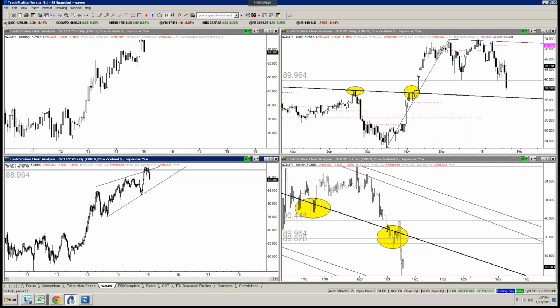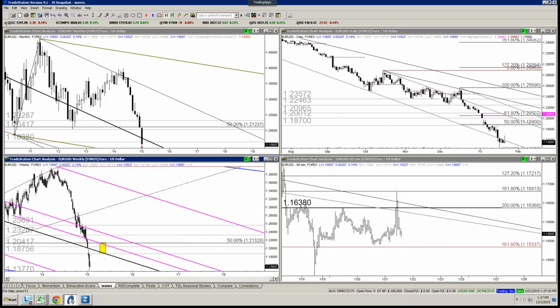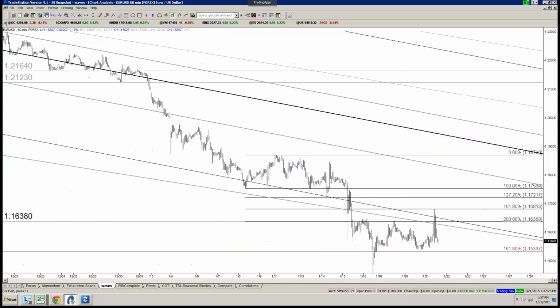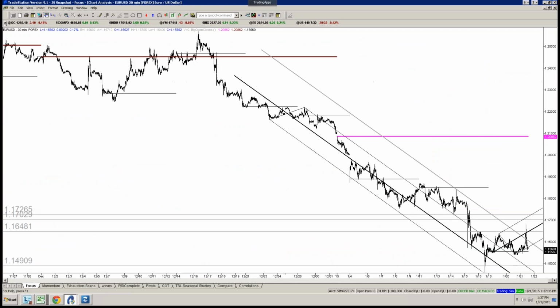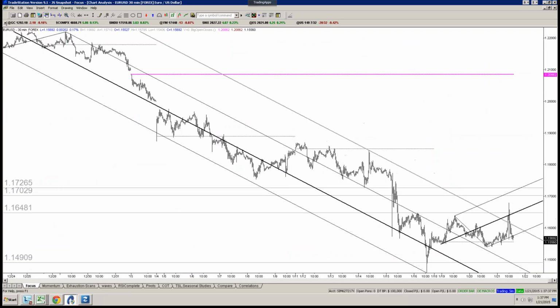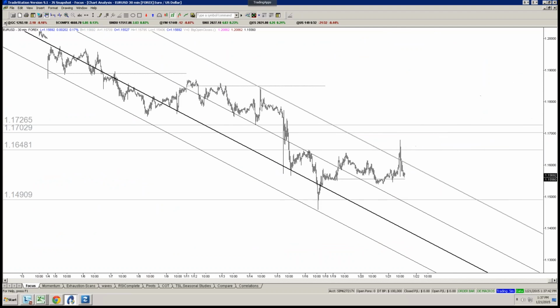So what I want to do is wait for the dust to settle with the euro. Hold on, oh, wrong chart. This was what we looked at this morning. So what I'm going to do is wait for the dust to settle as far as the euro is concerned.